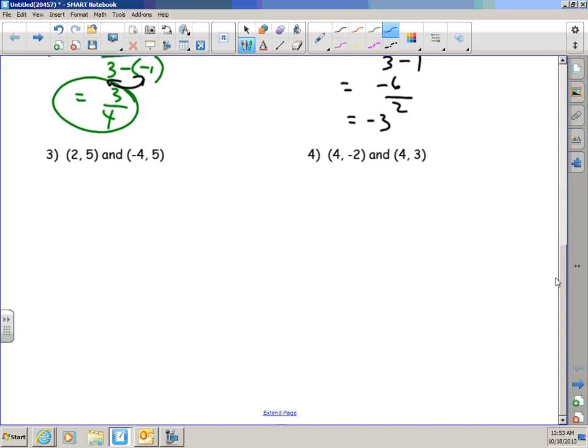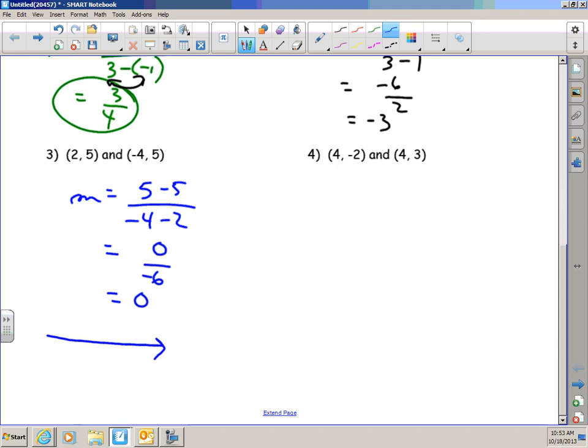Okay. Next one, m equals 5 minus 5 over negative 4 minus 2, which is equal to 0 over negative 6. That is a slope of 0. As we talked about in class, a perfectly horizontal line has a 0 slope because if I put an object on it, it would not go anywhere. Okay?